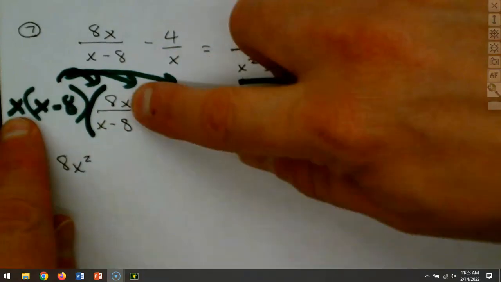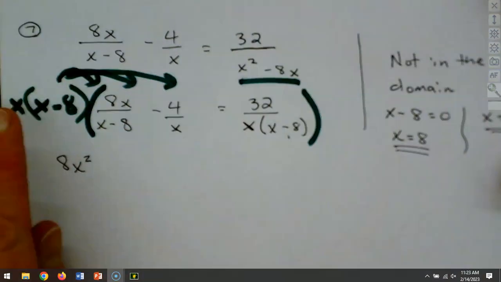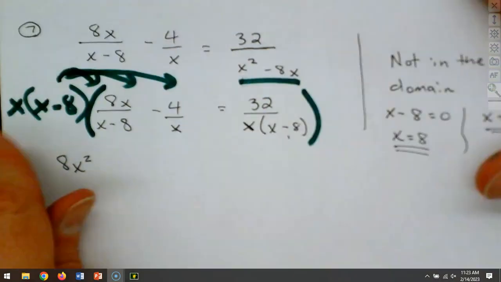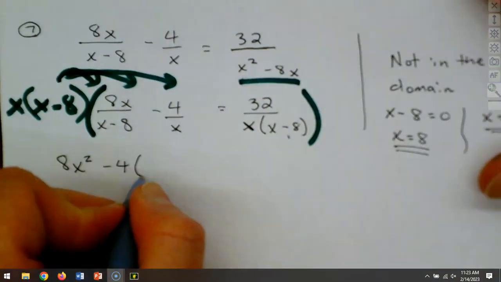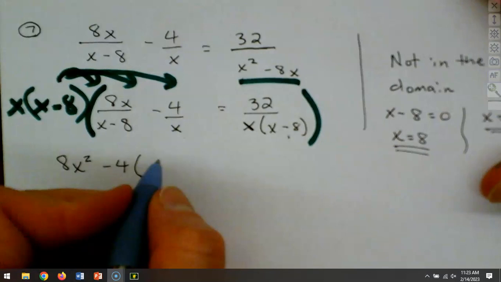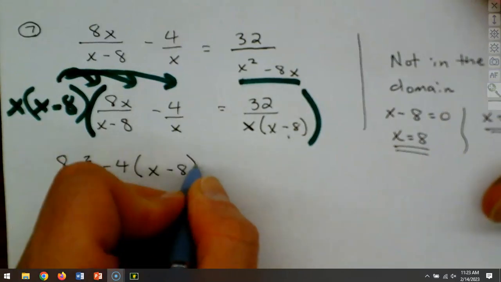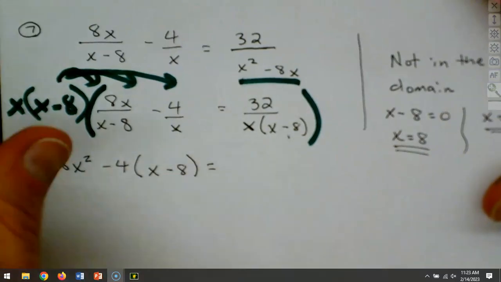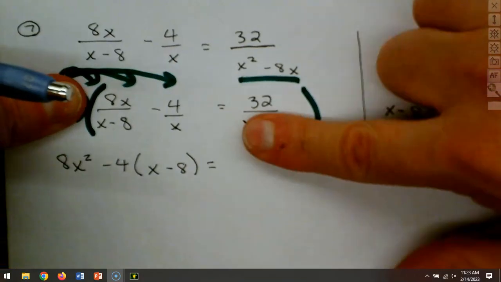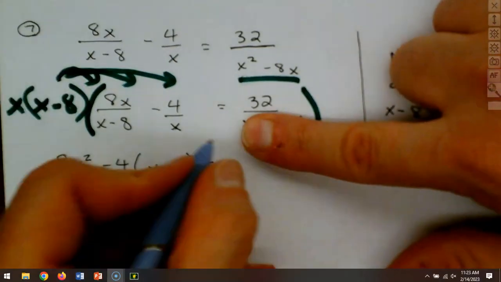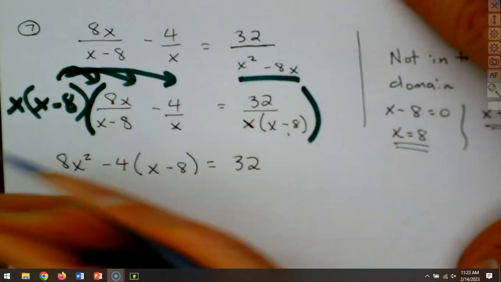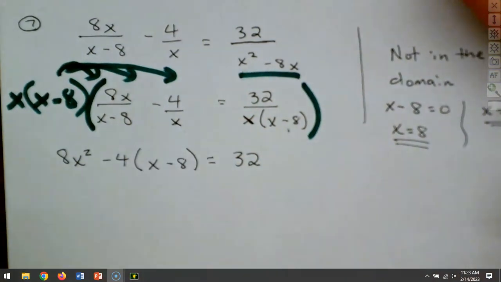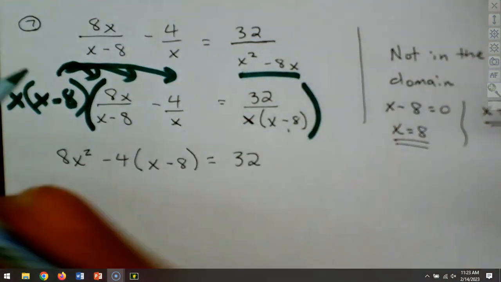But an x and an 8x makes it an 8x squared. The next one, the x's cancel, and that leaves you then with a minus 4 times x minus 8. And what about the other side? Well, it completely cancels. So the other side is easy. It is a 32.